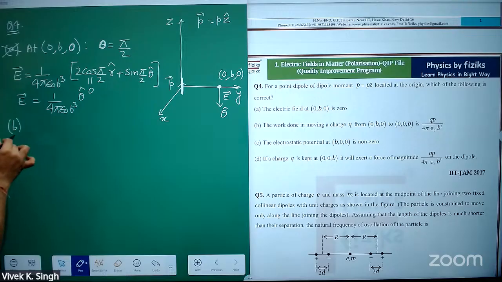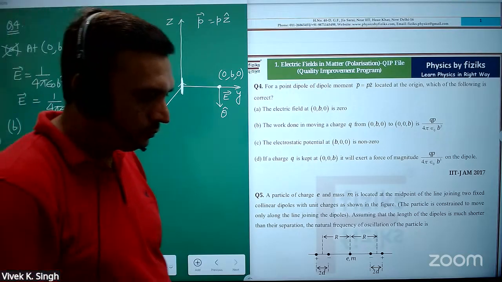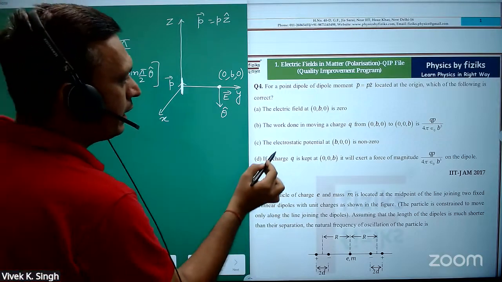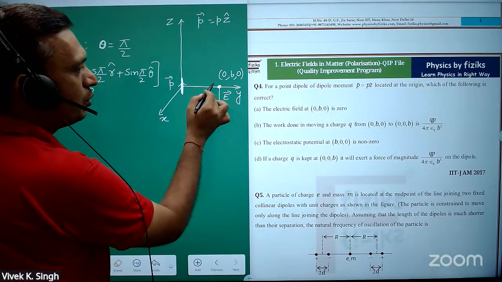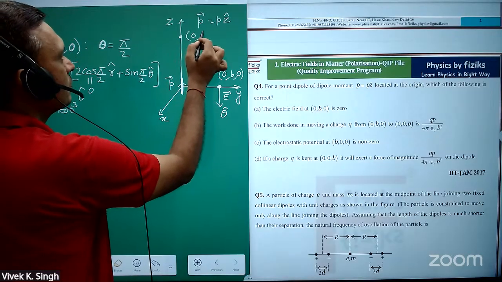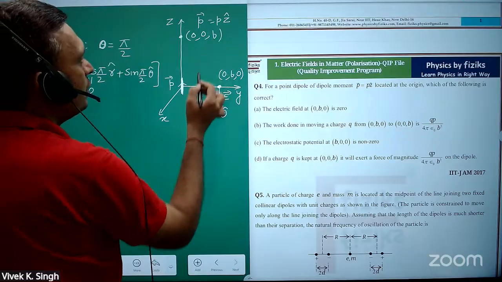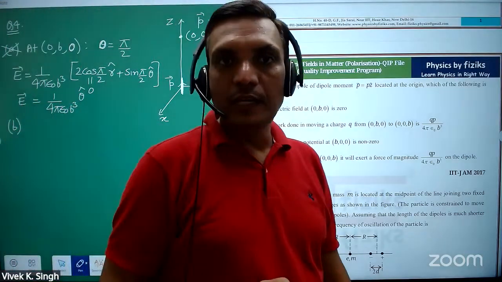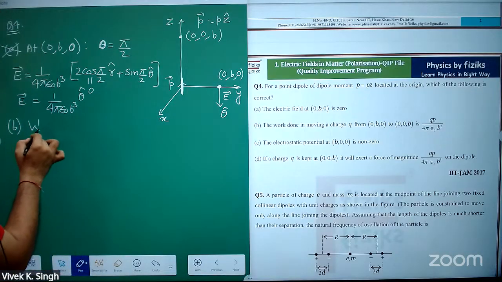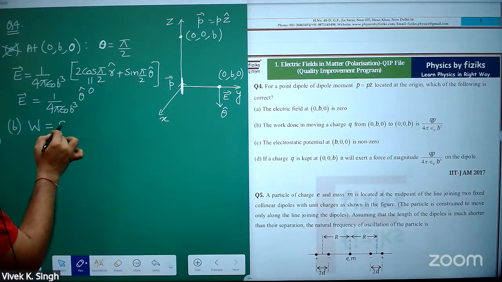Now see B part. Let's check what will be the work done in moving charge q from (0, B, 0) to (0, 0, B). In an electrostatic field, work done is independent of path. It only depends on the potential difference between two points.